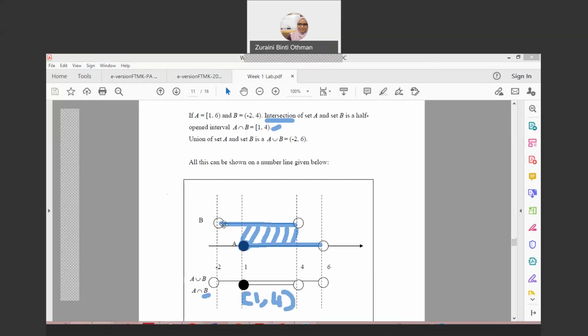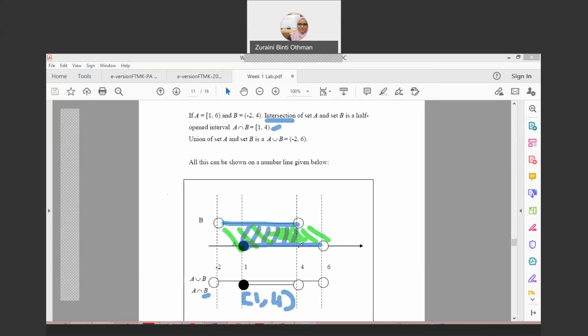Union ialah semua yang ada dalam selang A dan B tu. Contohnya yang ni lah. Okay, ni semua union dia, termasuklah ni semua ni lah.